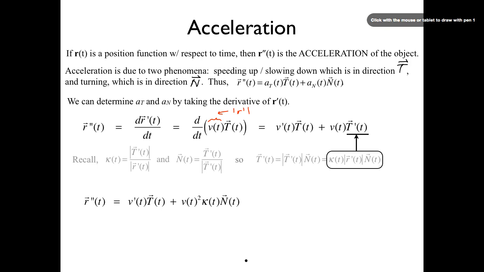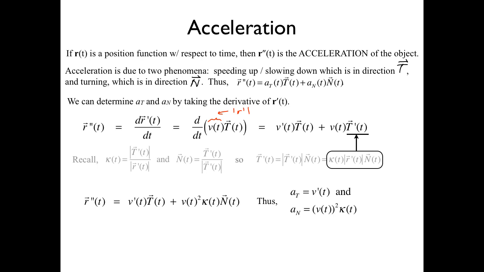And we got it. So now we have a sub n as well. So a sub t is just the derivative of the speed function, or v prime of t. And a sub n is the speed squared times the curvature.